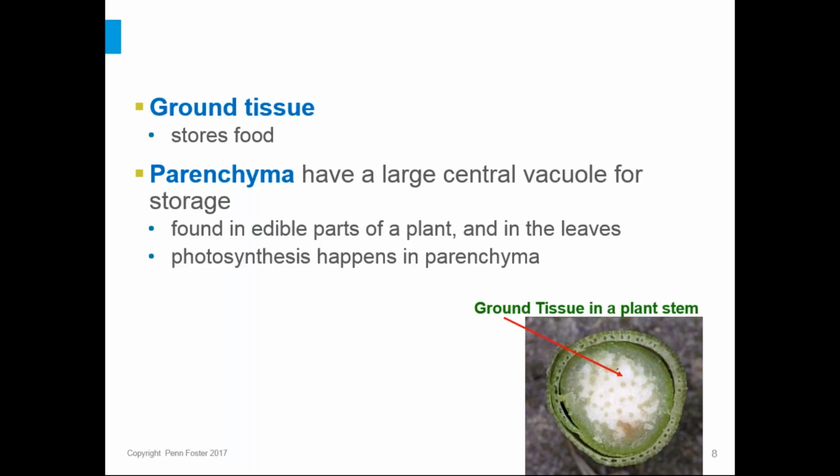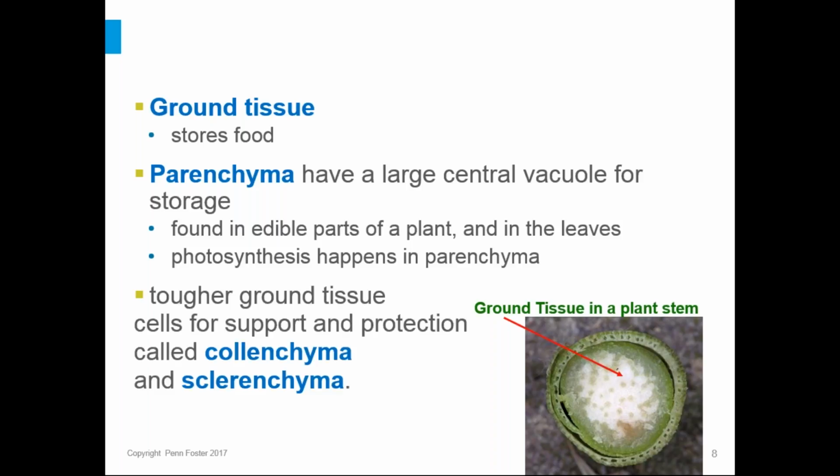Photosynthesis happens in parenchyma cells so that the sugar can be stored effectively. It makes the sugar and then it needs a place to store it. Ground tissues can also have tougher cells on the outsides for support and protection called collenchyma and sclerenchyma.